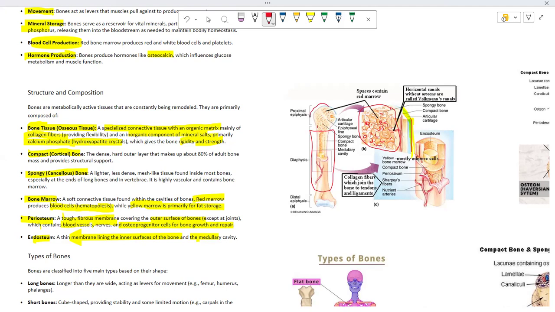The upper part will be known as the proximal epiphysis, and then the lower part is the distal epiphysis. Okay. So there's a compact bone right here, and then the medullary cavity inside.